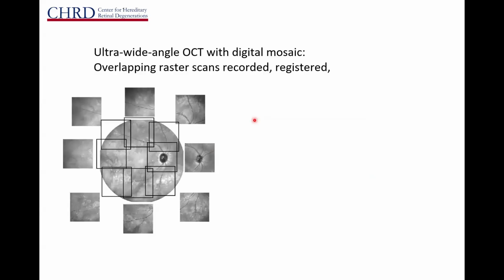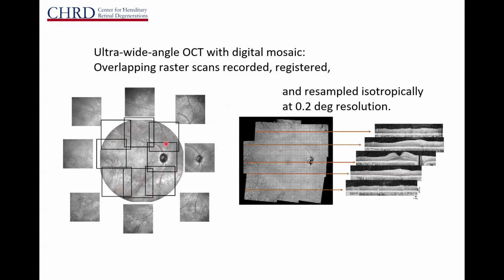So for that, we use ultra-wide OCTs performed by digital mosaicing. The way we do that is we get a whole bunch of raster scans extended across the macula with the aim of registering them and forming them into a resampled map, hoping to get about 55 degrees across and 55 degrees in the vertical direction.